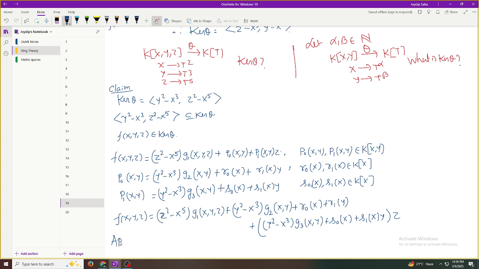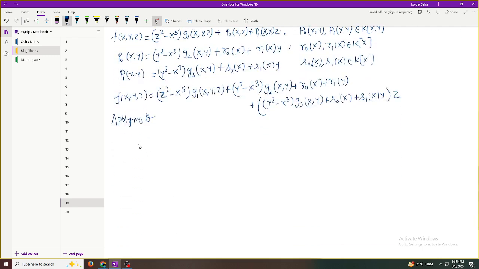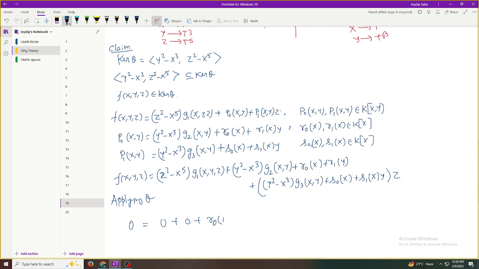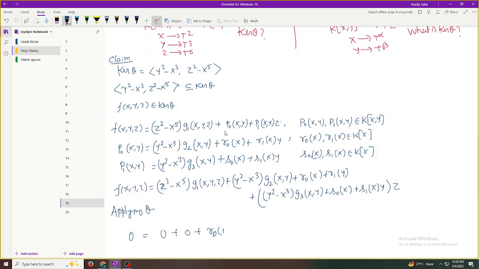Applying theta, what happened? It is 0 because it lies in the kernel. This is also 0, plus 0 plus r0, what is x, r0 x is t square.